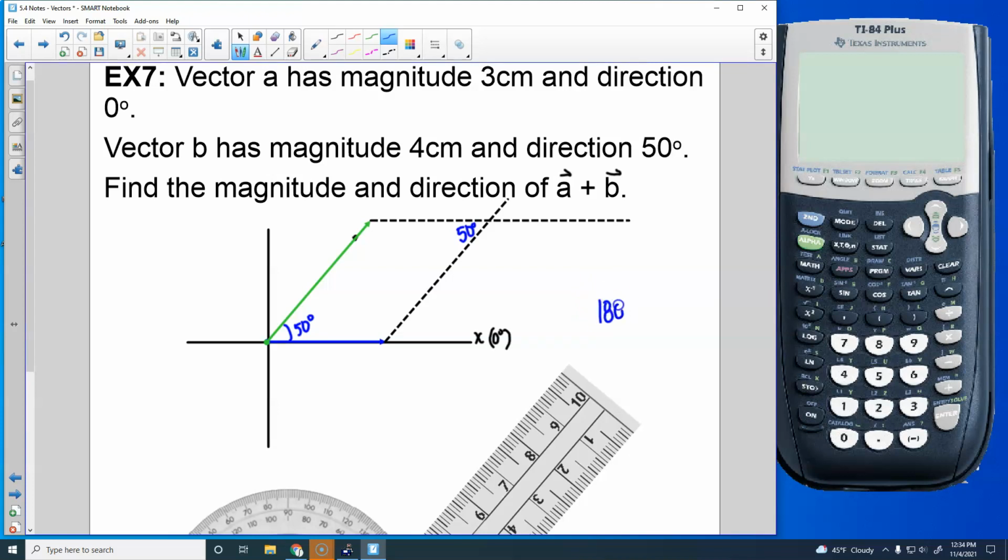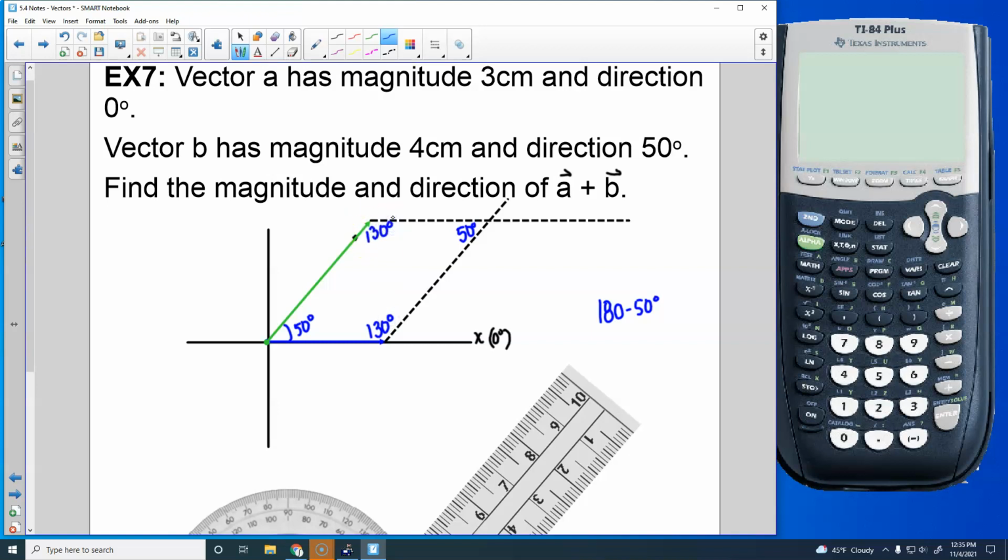Okay, 180 minus 50 will work because in a quadrilateral, your angles should add up to 360 because it's like two triangles put together. But that means half of it should add up to 180, right? So this is going to add up to 130 degrees here. You'd have 130 here.